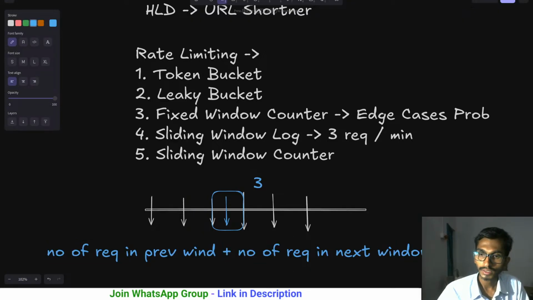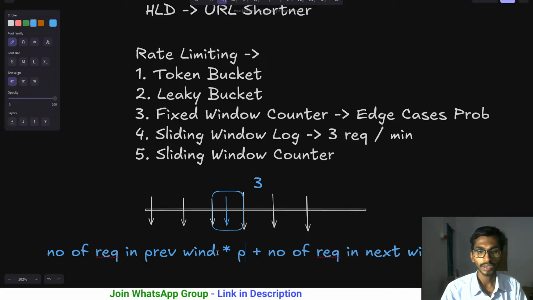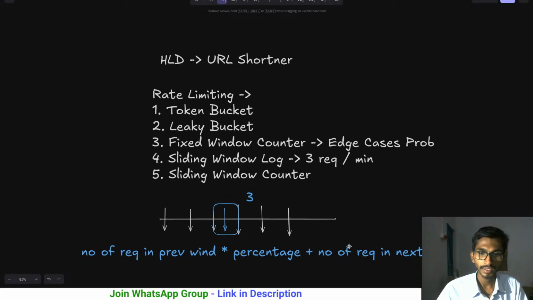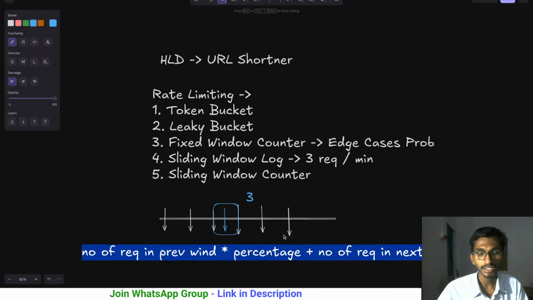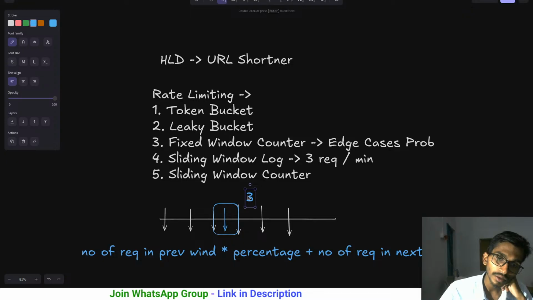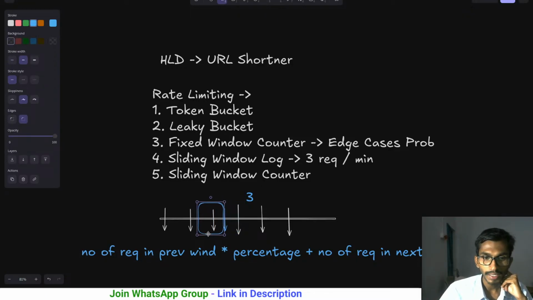So the formula is the number of requests in the previous window multiplied by the percentage it has covered, plus the number of requests in the next window. Using this formula, the previous requests are 0, so that percentage part is 0, forget about that. The number of requests is already 3, which equals the limit, so it will not accept any more requests.